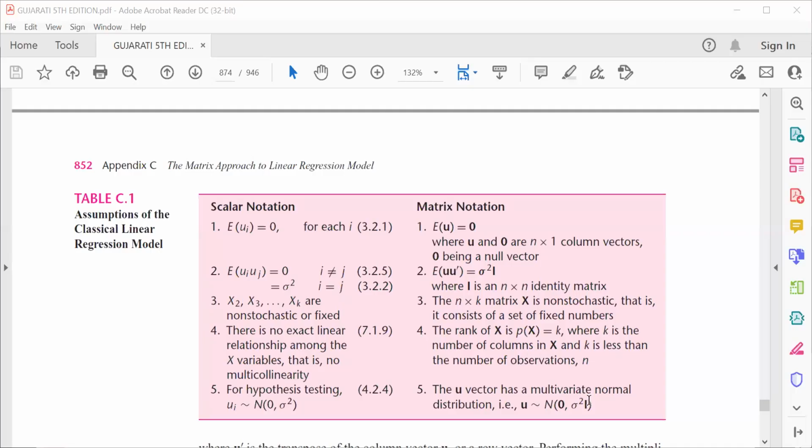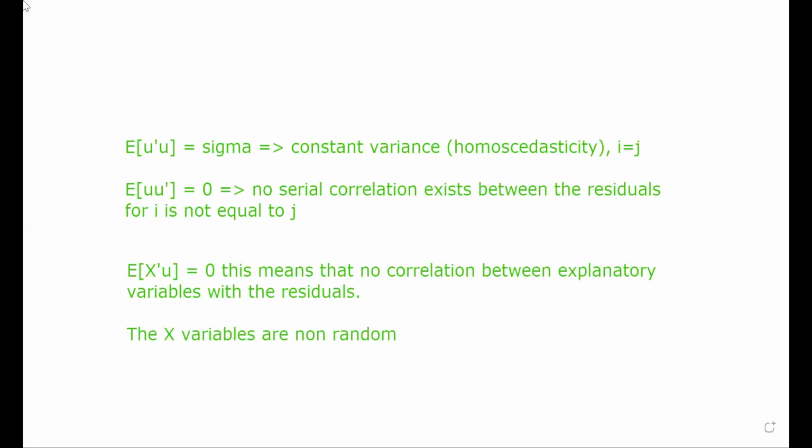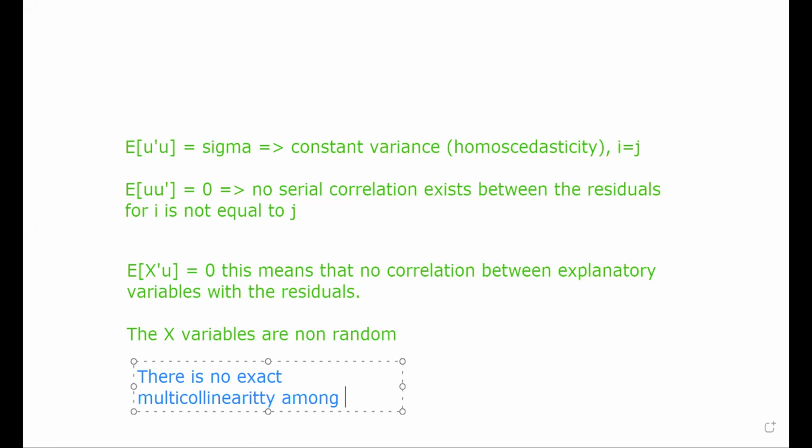We also have the fourth assumption: the rank of matrix X is k, where k is the number of explanatory variables. This assumption states that there is no exact multicollinearity among the independent variables.